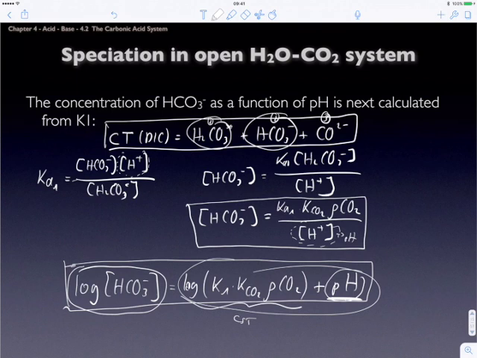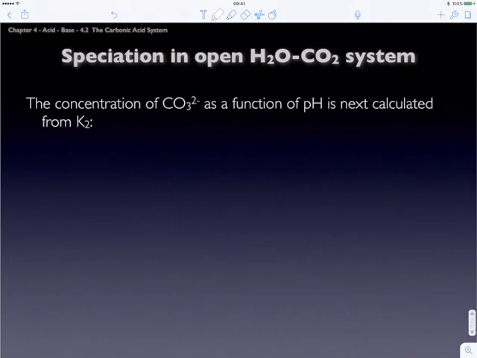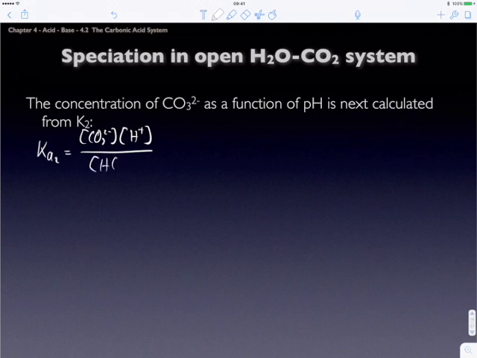What we need now is to define the carbonate the same way. To do the carbonate, we are taking the constant 2, the Ka2, which now you should know is the concentration of CO3 2 minus times the concentration of H plus, divided by the concentration of HCO3 minus.